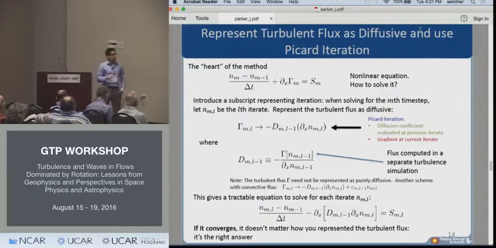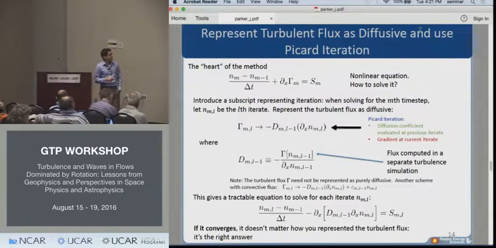Just to note that for the turbulent flux gamma, this is a choice of representation, and you don't have to represent it as purely diffusive. If you had a reason to, you might represent it partially as convective flux and partially as diffusive flux, and the scheme would essentially work the same. But for simplicity, let me assume it's going to be diffusive. If you plug that into your implicit time step, then you now have a tractable equation to solve for each iterate.